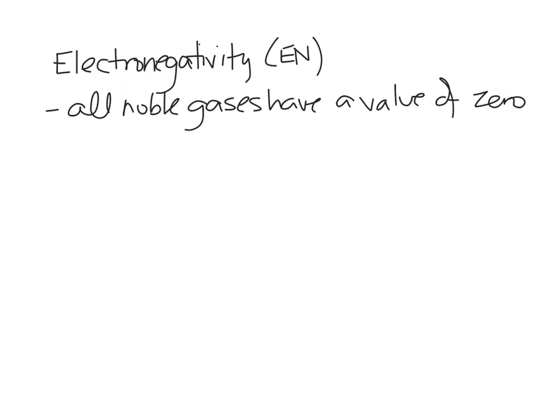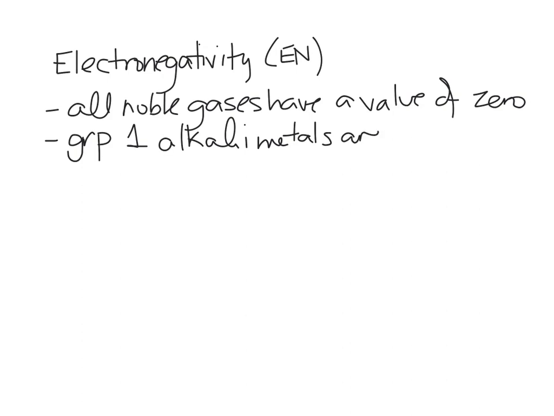Who has the next lowest value? The alkaline. Yeah, group 1, alkali metals are next lowest. Did you notice which group had the highest values? Yeah, group 17.